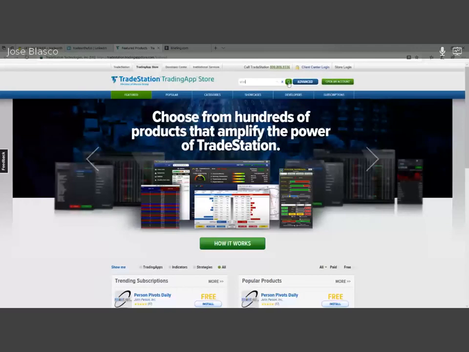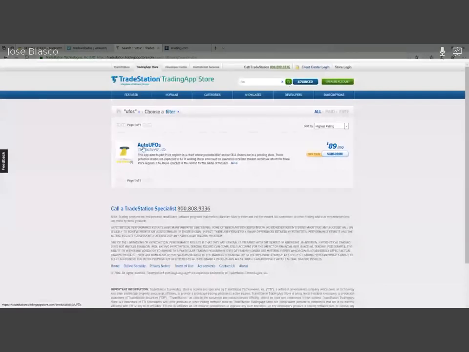And the moment you click search, it will bring you a page with the result of the search, where here is the AutoUFOs app. And from there, what do you do? Simple. Click on free trial if you want to test the app on your TradeStation platform, or click on subscribe, and now you have access to the longer term use of the app.